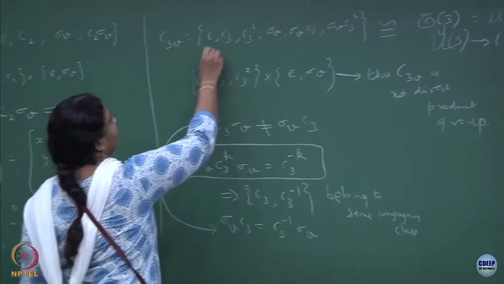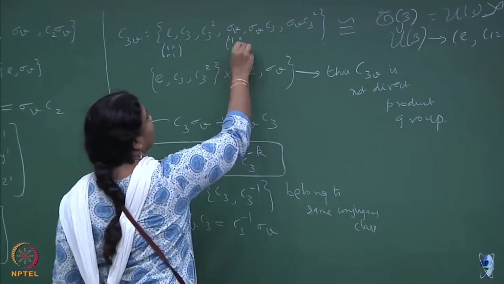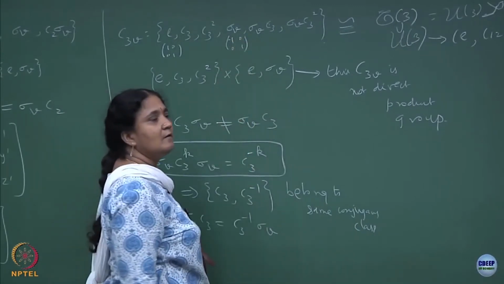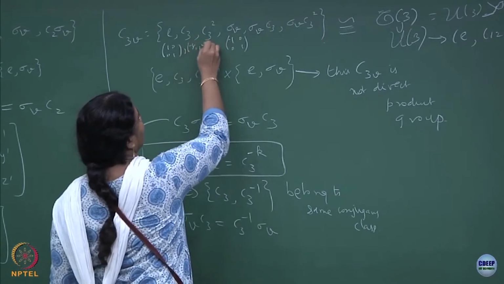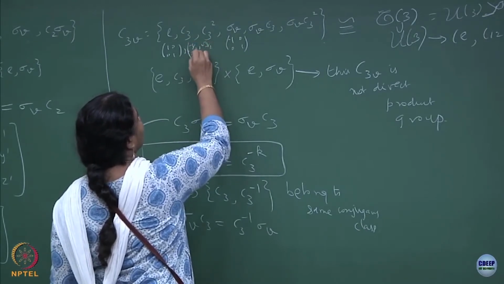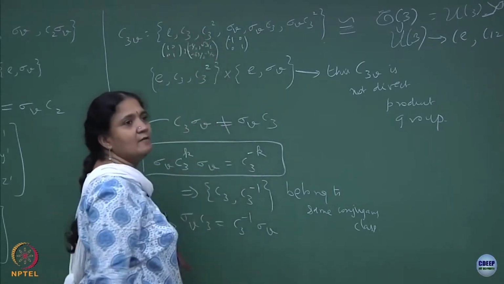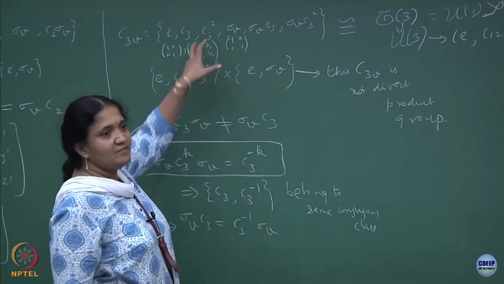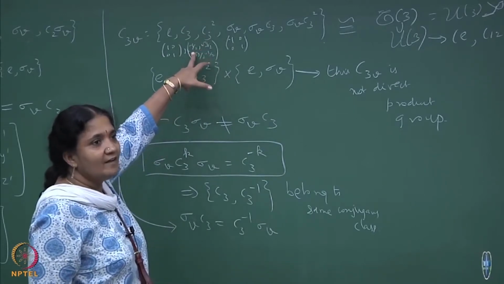So, this will be 1 0 0 1, this will be minus 1 0 0 1, but then there are elements which are minus half, root 3 by 2, minus root 3 by 2, minus half for this, and that will be the inverse element, which is like rotating by minus 120 degrees, right.